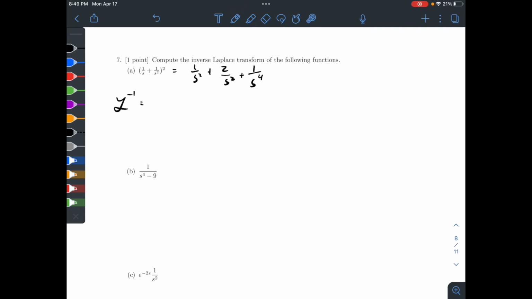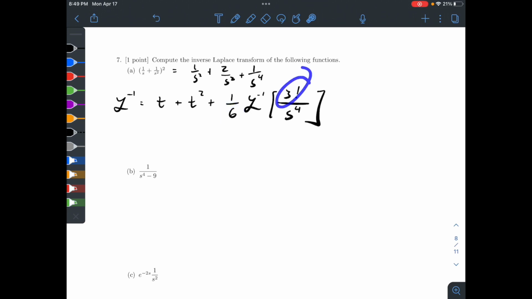So then L inverse of that. L inverse of 1 over s squared is just going to be t. L inverse of 2 over s cubed is just t squared. And then L inverse of 1 over s to the 4th is going to be 1/6 of t cubed, because if you had 3 factorial over s to the 4th, L inverse of that is t cubed, and 3 factorial is equal to 6.